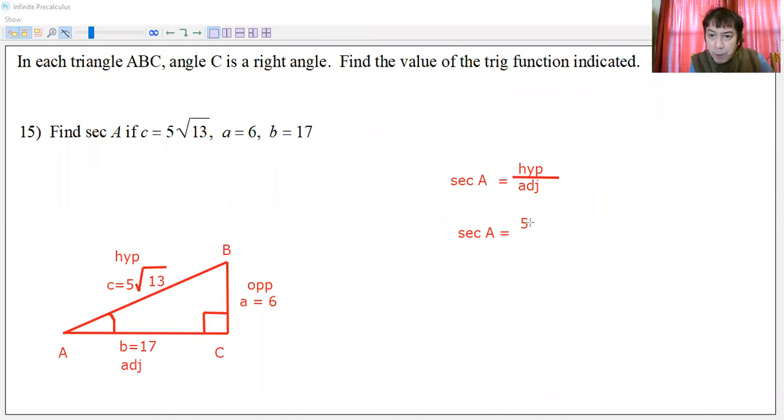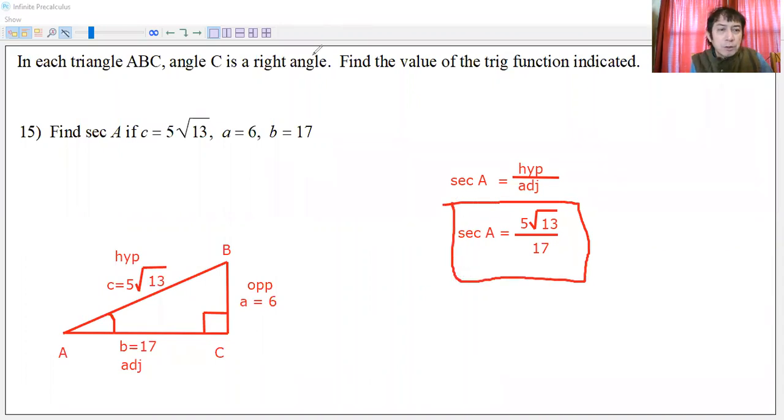So this will have 5 times square root of 13 divided by adjacent side. Adjacent is 17. So we put the number inside the radical, which is 13 first, and the denominator is the 17. There's nothing we can reduce here. So that means this must be the final answer. Let's determine and verify. Okay, that's it. Yes, that's exactly what we obtained.